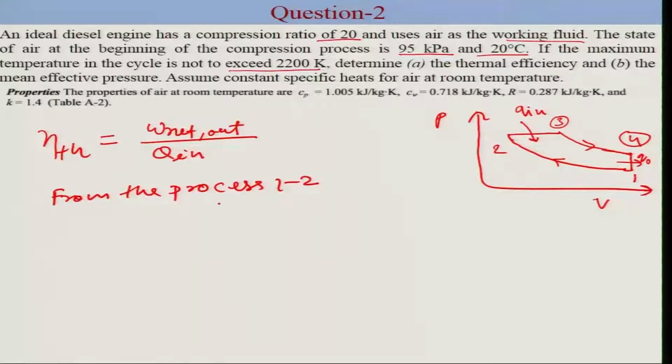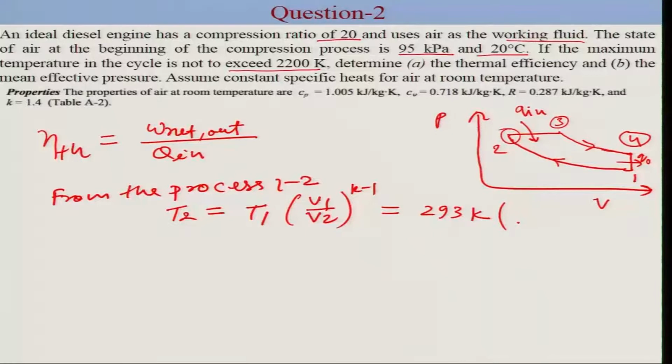temperature at state 2 can be obtained using temperature and volume data given at state 1. So T2 equals T1 times (V1 upon V2) to the power k minus 1. Okay, so T1 is given, 293 Kelvin.